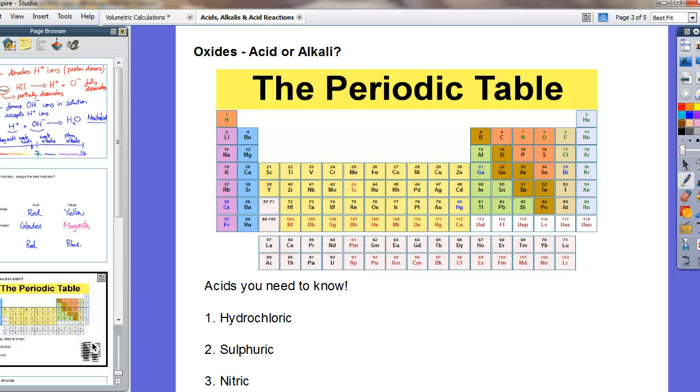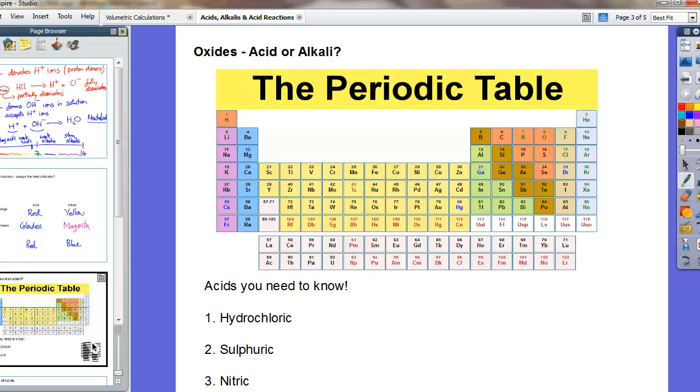Now we're going to look at reactions of acids and alkalis in a minute, but you need to be able to identify if a substance is an acid or an alkali. The substances we talk about on the syllabus are oxides. Metal oxides, so things like magnesium oxide, calcium oxide, sodium oxide.